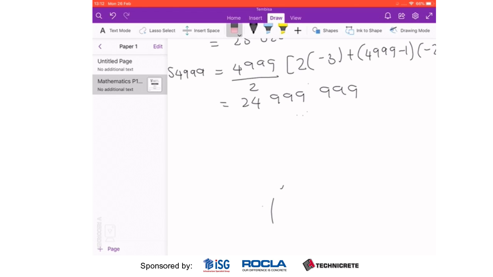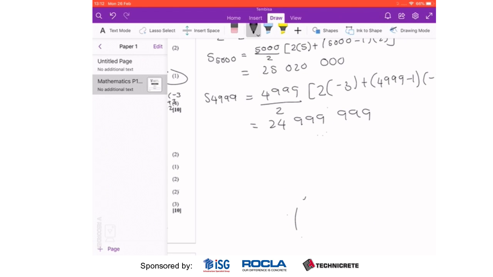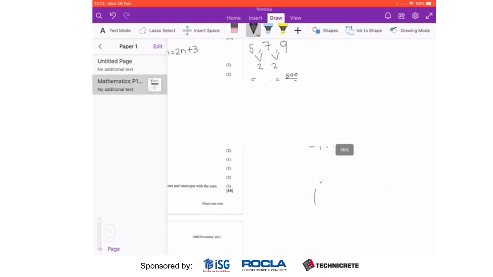The question wanted us to add them. So now we're going to add the sum of 5,000 plus the sum of 4,999. Here we had a negative value, sorry.